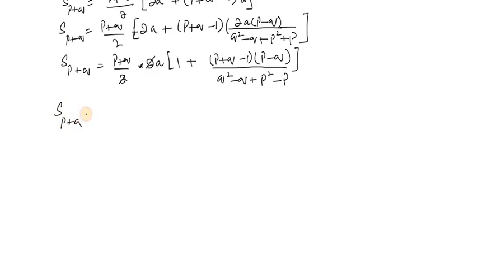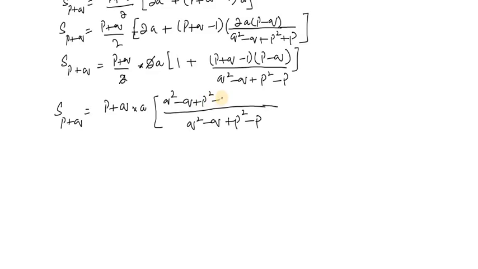S(p+q) is equal to (p + q) into a, and we take the LCM as q square − q + p square − p. So here q square − q + p square − p plus (p + q − 1) into (p − q).